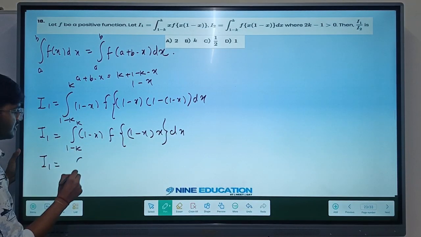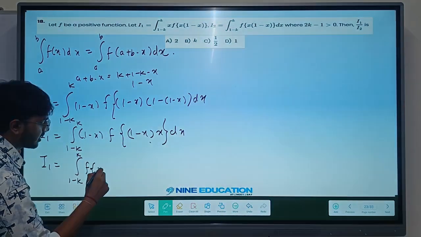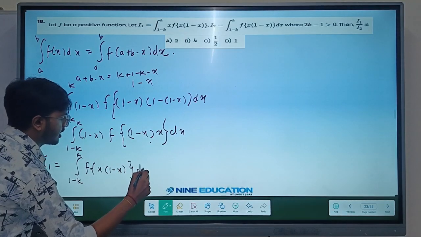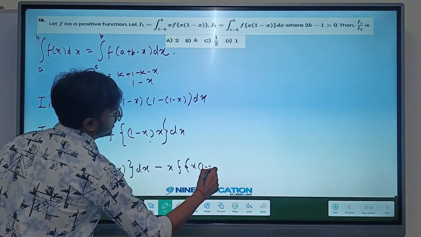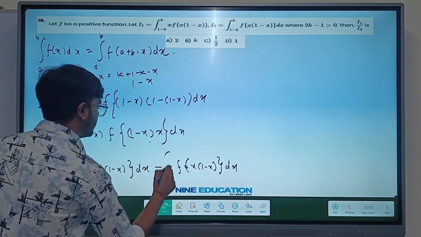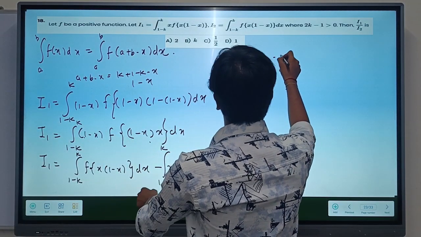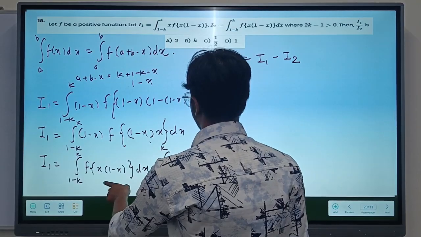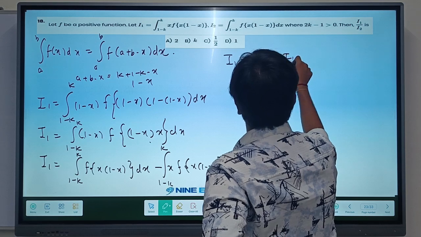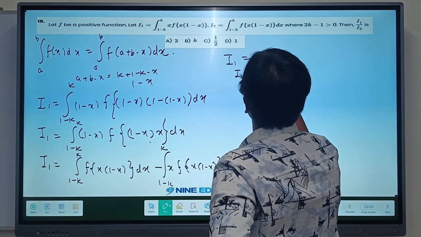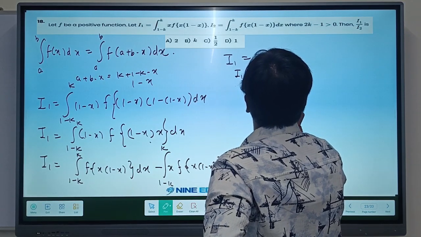So I1 would be 1 minus k to k, 1 into this whole thing, so f of x into 1 minus x dx minus x into this whole thing, x into f of x into 1 minus x dx. Limit same, 1 minus k to k. So if you notice, this is our I1 part, this was I2 and this was I1. So what will we get? I2 minus I1. So I1 plus I1 is I2, 2I1 is I2 and I1 by I2 is 1 by 2.